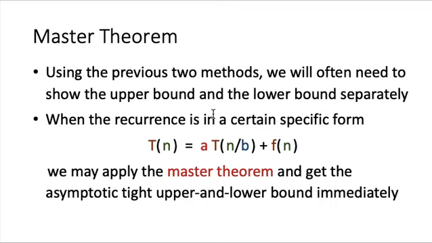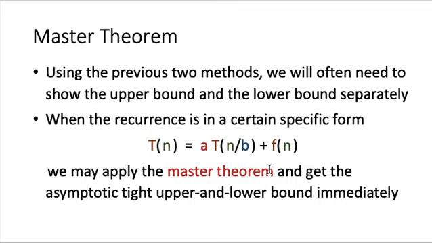But when the recurrence is in a certain specific form, so Tn is equal to a copies of Tn over b plus some function of n, if it is in this form and satisfying some condition, then we may apply the so-called master theorem and get the asymptotic bound immediately. And this asymptotic bound is a tight upper and lower bound. So the upper bound, big O, and the lower bound, big omega, they match each other.